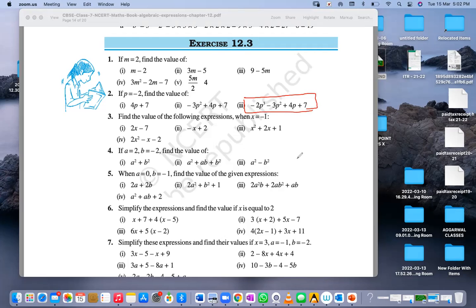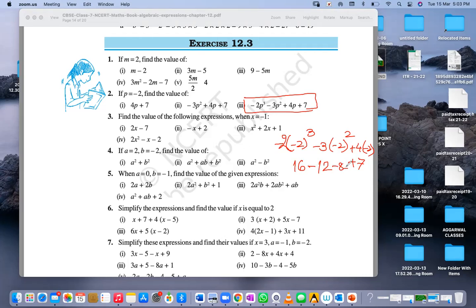Negative 2 times negative 8 becomes 16. 16 minus 3 times 4 equals 12.